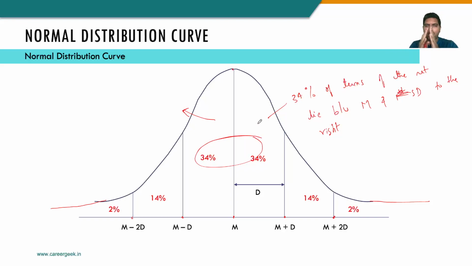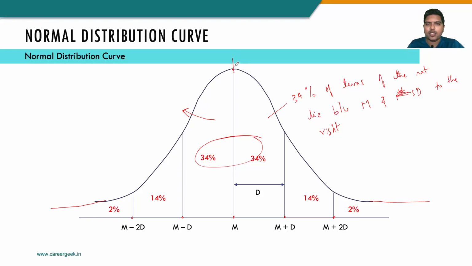From the mean, the first standard deviation is to the left and to the right also. So let me be more specific. Now these values are constant, they are not going to change for any set. For every set which follows the normal distribution curve, these values are the same. So you are expected to remember them.